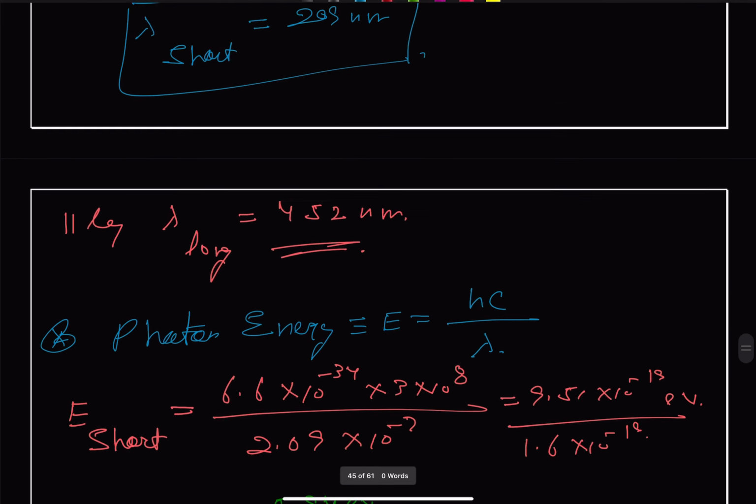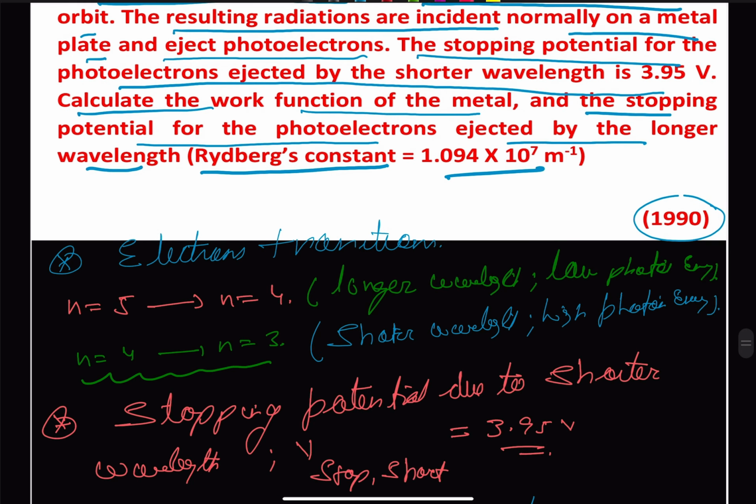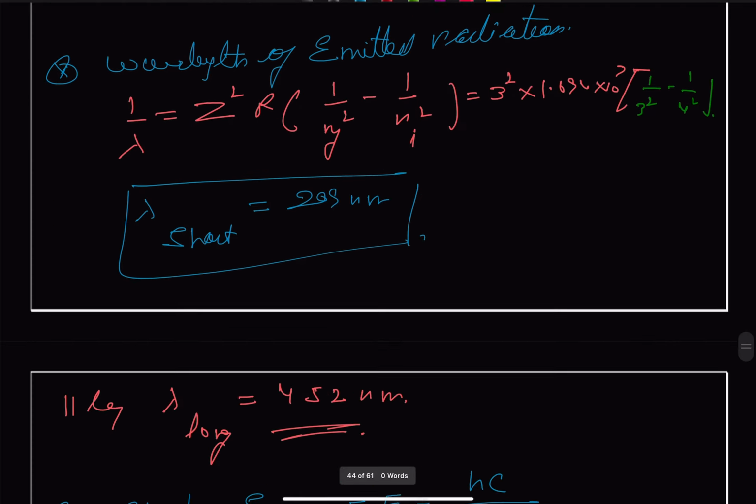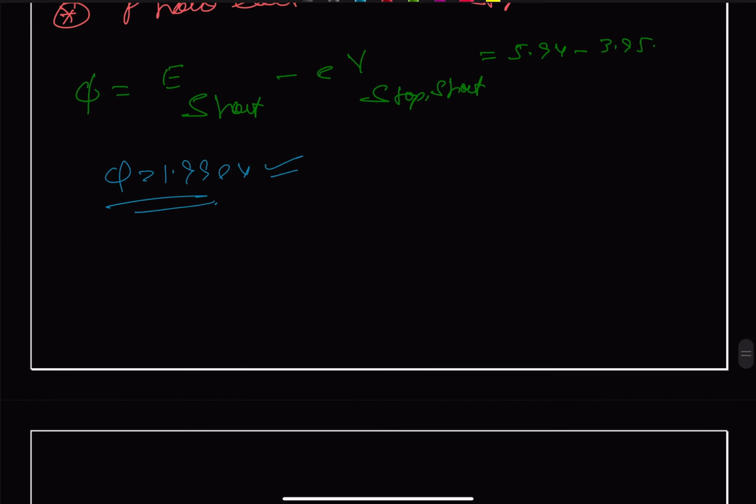And we are supposed to find out one more thing: the stopping potential for the longer wavelength. The work function we found out. So same equation, but now we already know the value of the work function, which will be same for both.